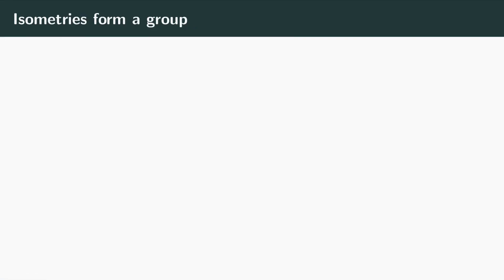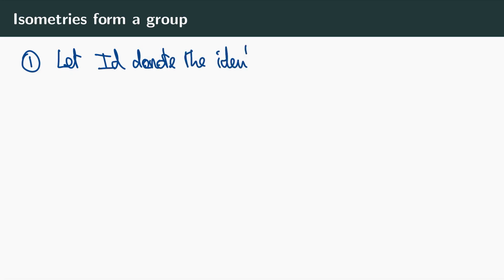So the first one is kind of silly. Right? So the first bullet point is to check that the identity is an isometry. And so let's let, I'll call it id, denote the identity. And now we just check, right?